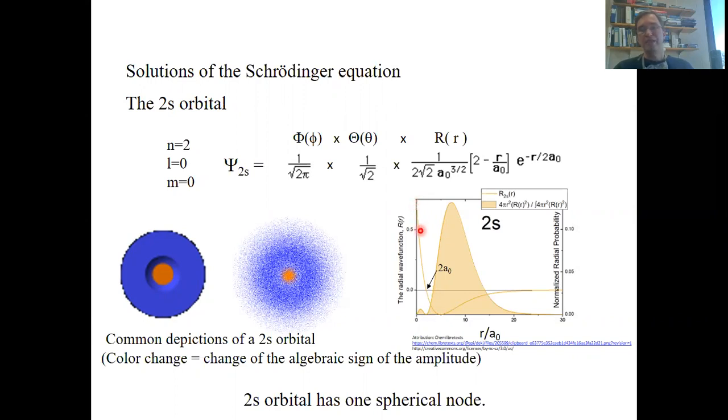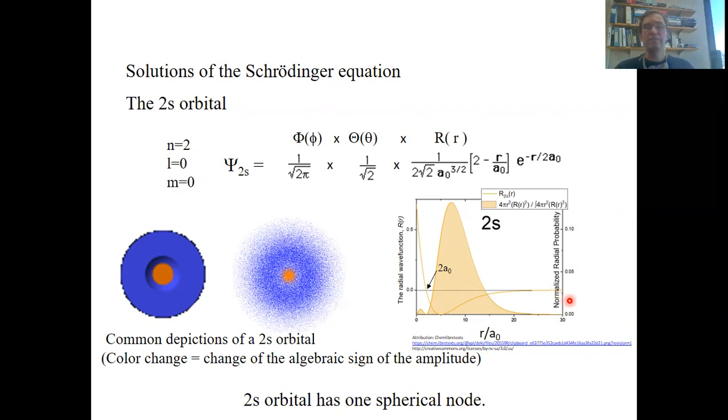Then it declines, then we go through our node, and then here the amplitude again increases, it's just negative. But remember, the probability to find the electron at a particular point in space is equal to the square of the wave function. So the square of a negative amplitude also gives something positive. So this again gives a positive probability that goes through another maximum. And then the probability to find the electron at a point in space becomes smaller again and eventually approaches 0.